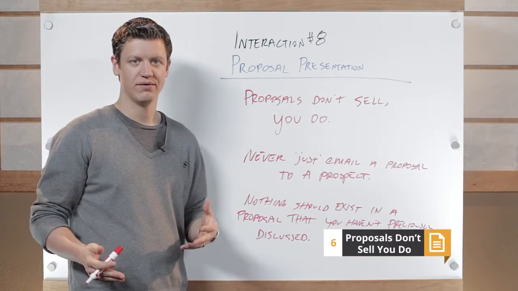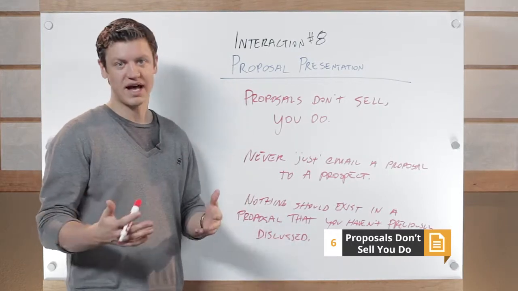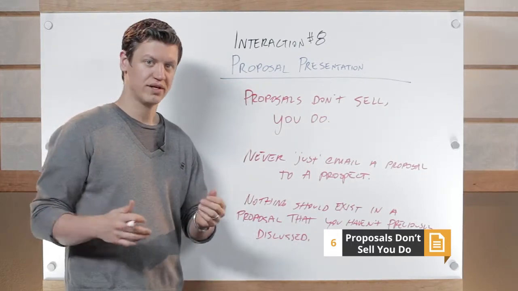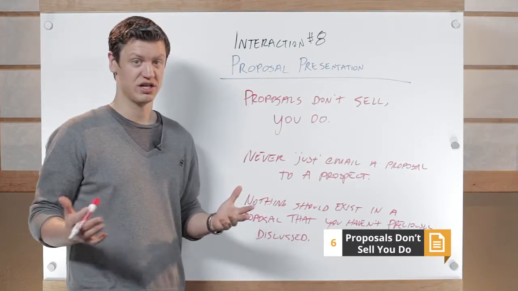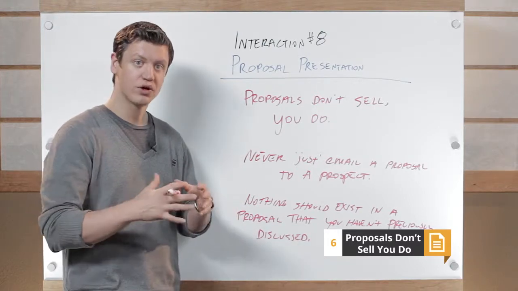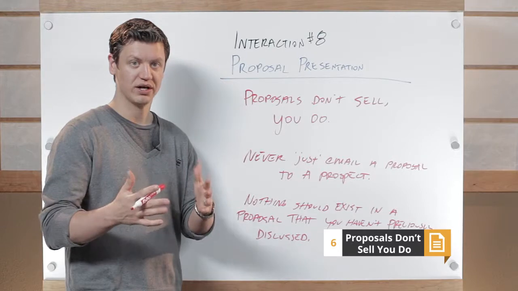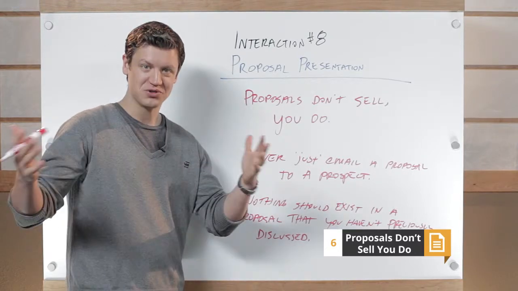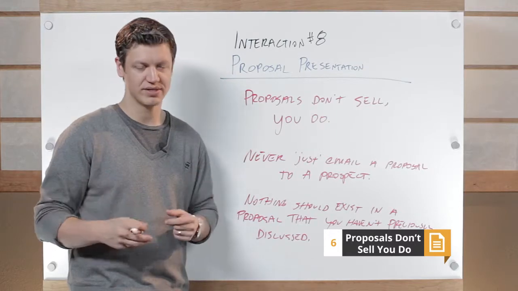Well, maybe it turns out that they had hired an SEO company that ended up ransacking their bank, and basically they were paying them $2,000 a month, but the company never did anything, and they did this for a year, and then they finally ended up suing the company and whatever, right? I mean, there could be this whole story around the service that you're proposing, but you never really get to find that story out because you didn't discuss it. You just threw it into the proposal to see if you'd get the business.